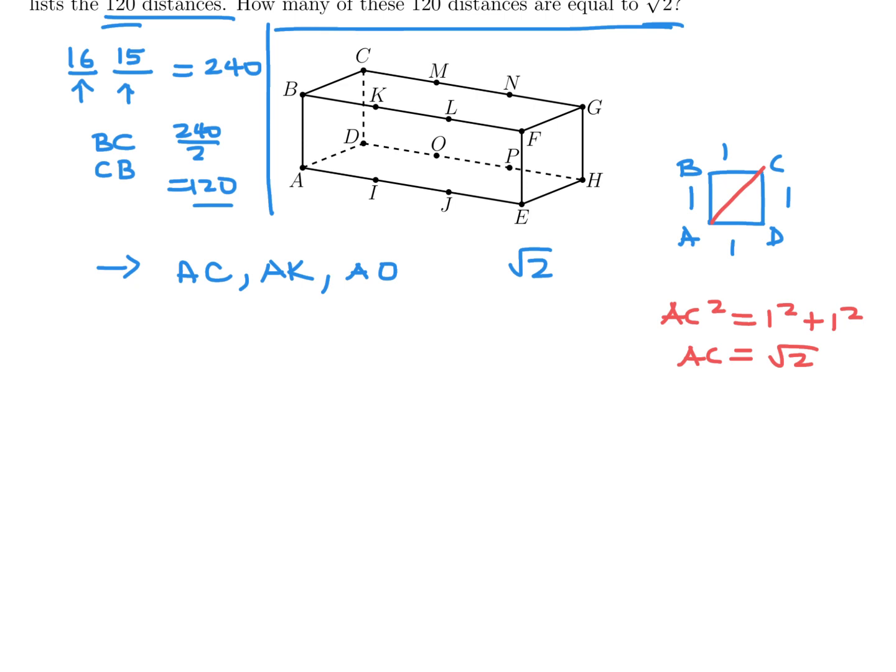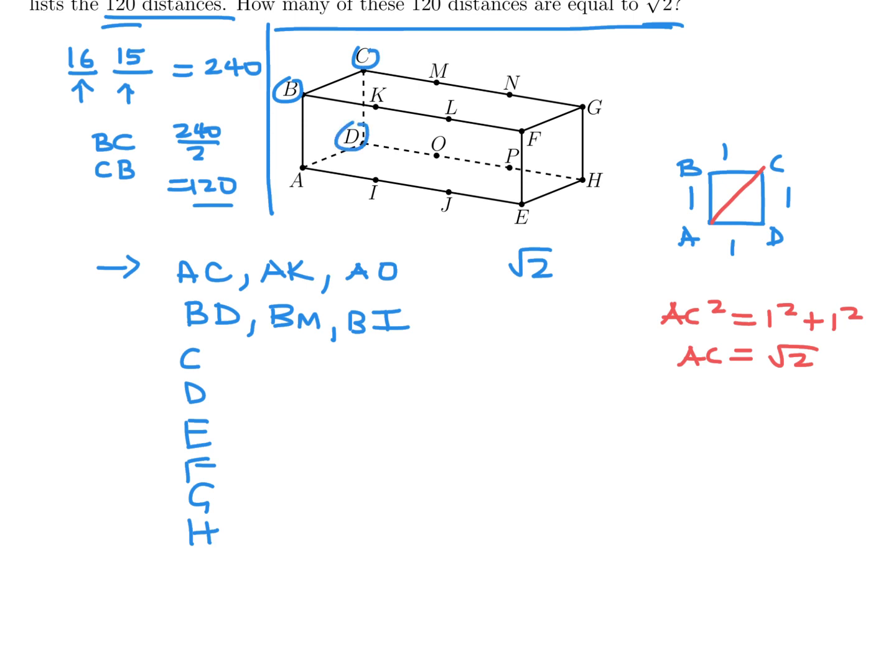And very similarly, for B, it would be the same 3. It would be also 3 different ones. Let's see if I can write them. BD, BM, and BI. Yeah. So similarly for C, D, E, F, G, and H. Now, notice these are just the corners.